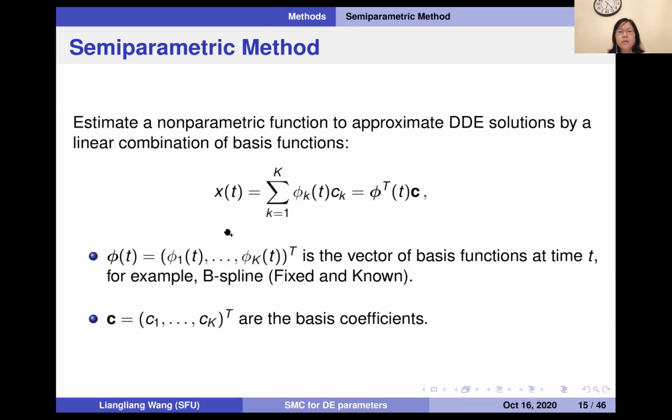That is, we represent x of t using basis functions phi of t and their coefficients c sub k for the kth basis function. Here, phi of t is a vector of basis functions at time t. For example, we can use B-spline basis functions, and c is the basis function coefficients. There is a typo here; that's basis function coefficients.